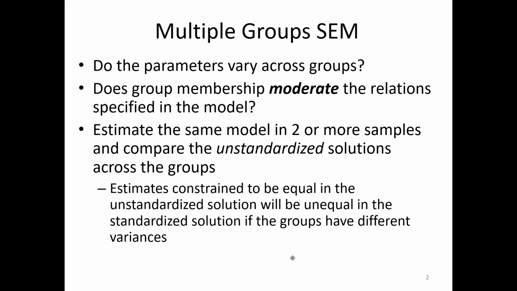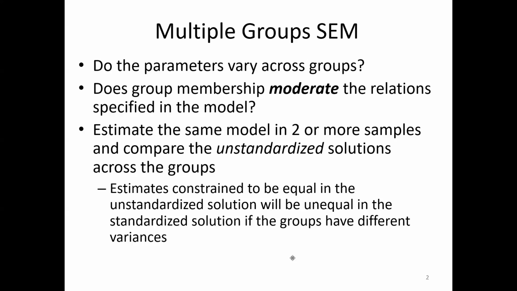But if you're developing your own scale to use in your dissertation, and you are able to constrain all the loadings and all the intercepts to be equal, and you discover that a couple of the error variances differ across the two groups, I would call that a success, honestly. That's pretty good.